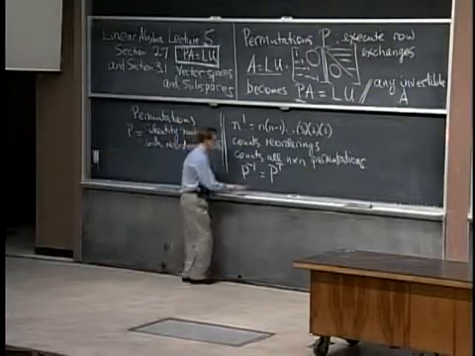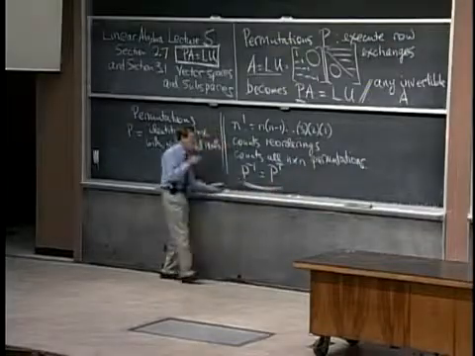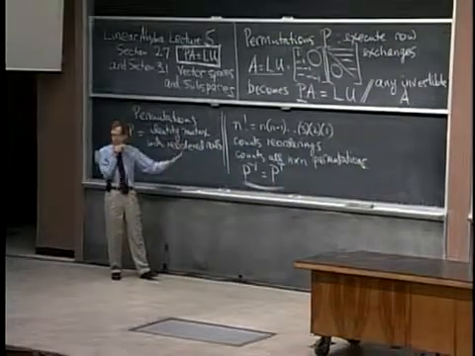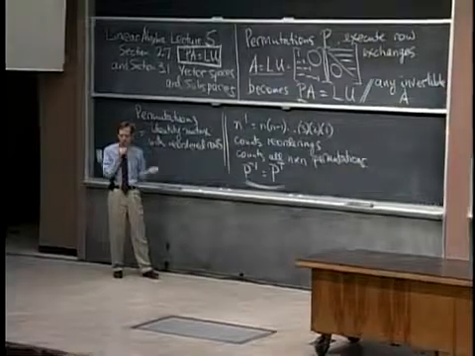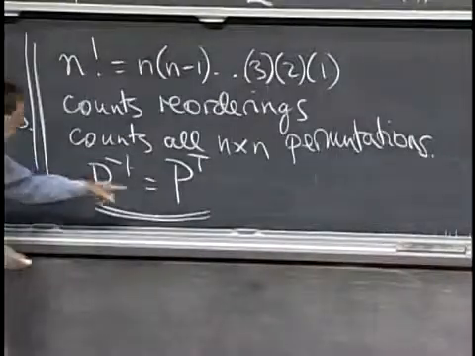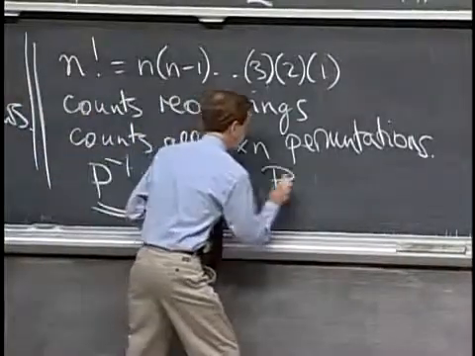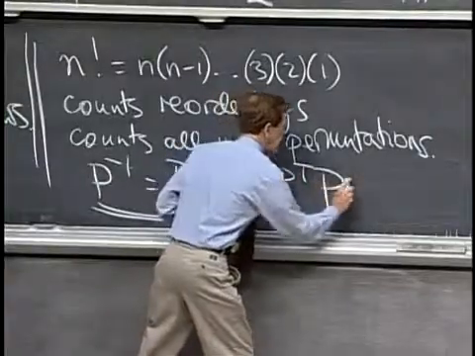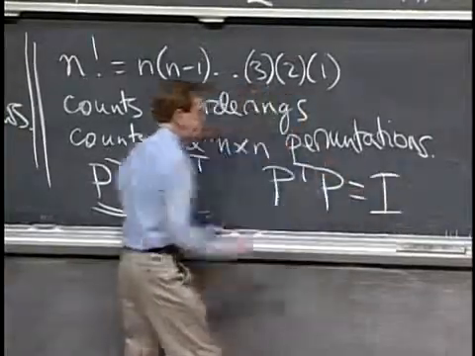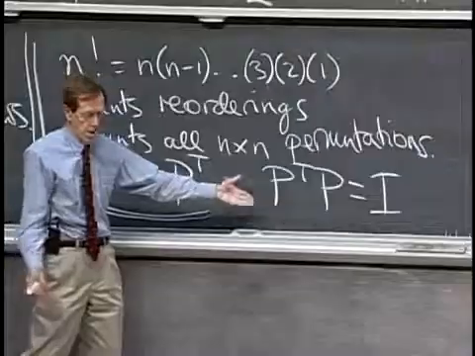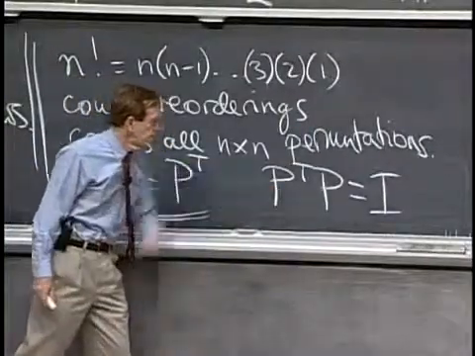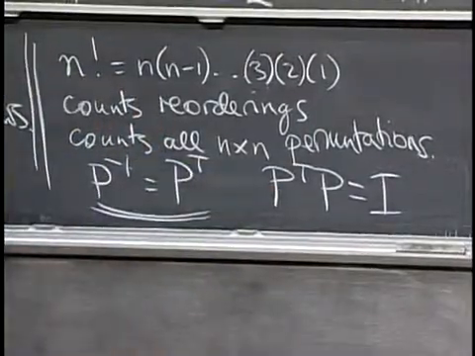So we'll be highly interested in matrices that have nice properties. And one property that maybe I could rewrite as P transpose P is the identity. That tells me, in other words, that this is the inverse of that. Okay.